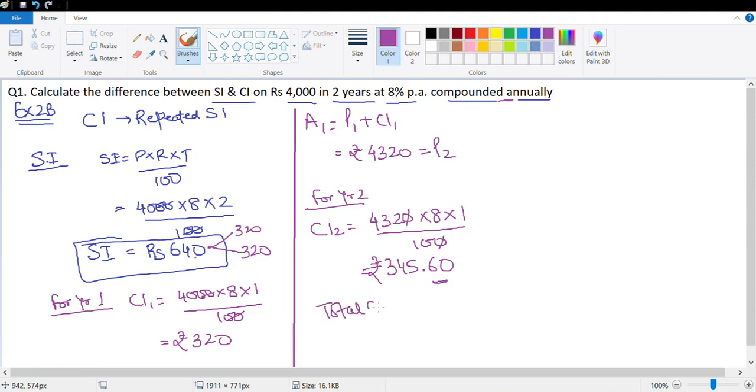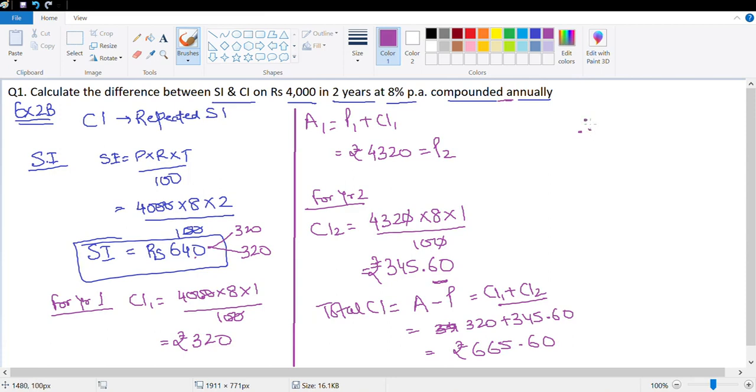Total compound interest, like I have talked about in the previous video, you can look at as final amount minus initial principal, or you can find it as compound interest 1 plus compound interest 2. So in this case, this is 320 plus 345.60, which is equal to rupees 665.60.